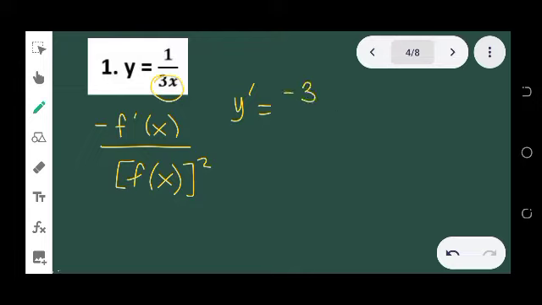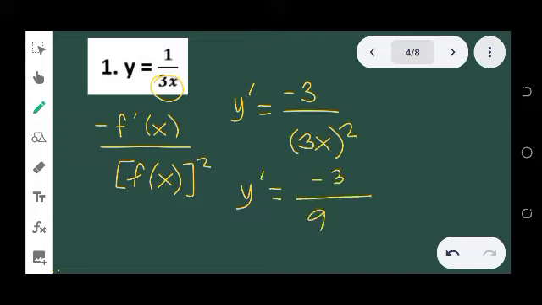So this will be negative 3 over the function 3x squared. We simplify this: negative 3 over 9x squared. We can cancel this out, so this becomes negative 1 over 3x squared. And this is our derivative.